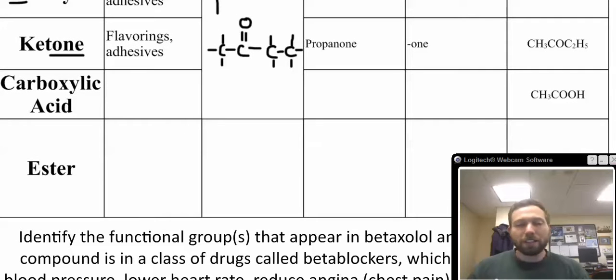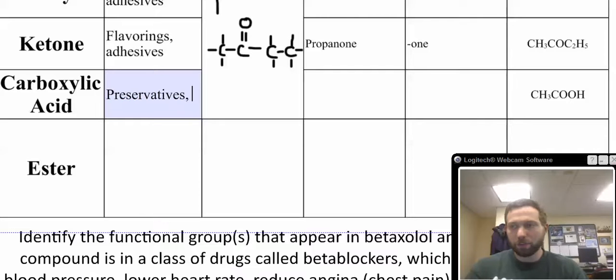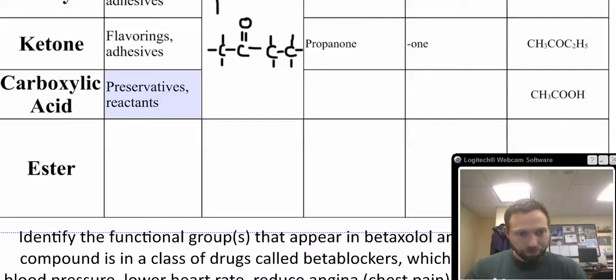Okay, so carboxylic acid. Carboxylic acid, it has special uses. They're actually used as preservatives, so preserving foods and things. And it's also used as reactants, like alcohols.